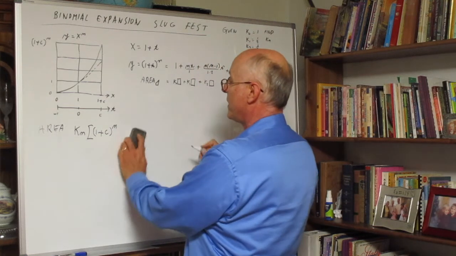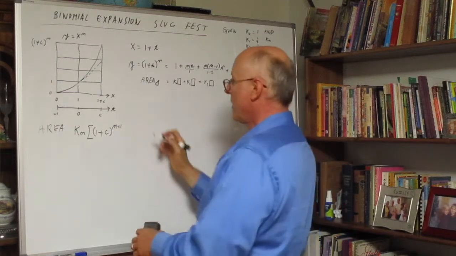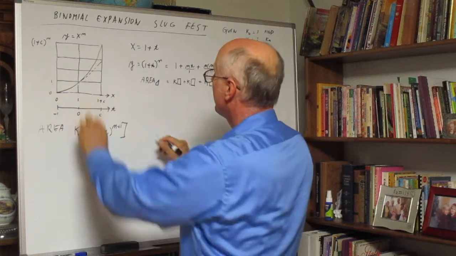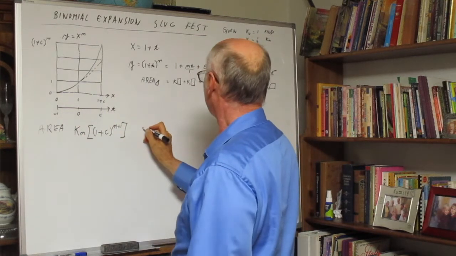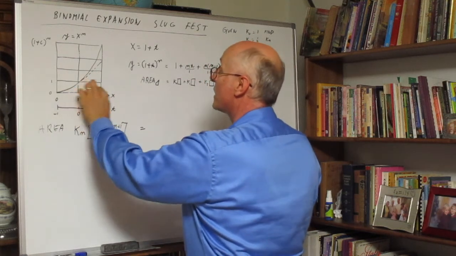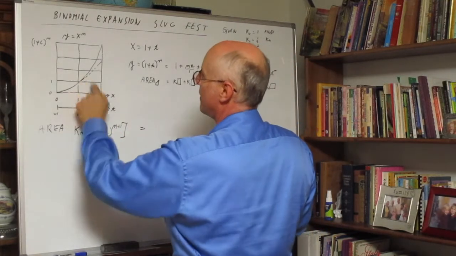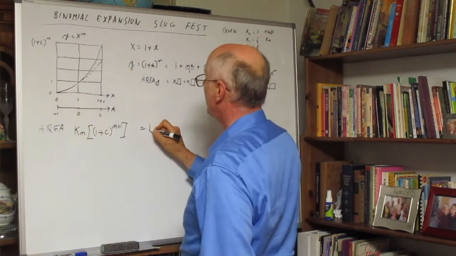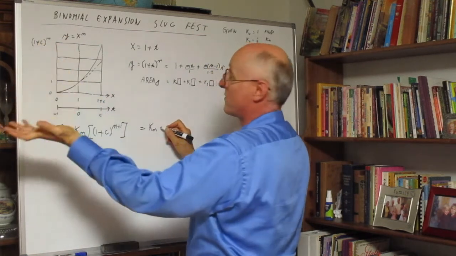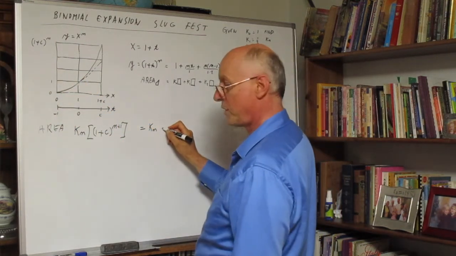Well, you might as well write it n plus 1, because that's what that is. Okay? That's from the x perspective, this big wedge. And that equals, we got to pick up this little area, and then we're going to pick up these areas right here. Okay? What's this area here? Well, that's K sub n times base times height. That's just 1, right? This is 1 by 1. Simple. Plus.